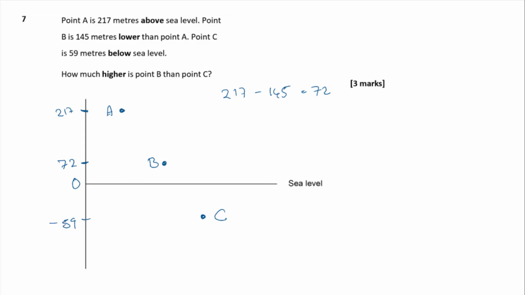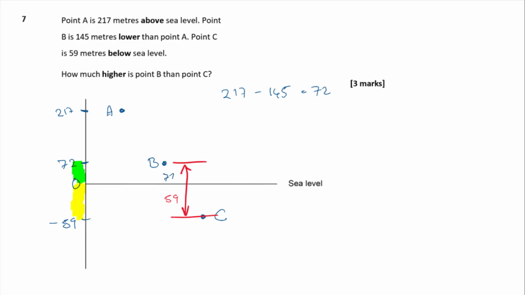Okay, so how much higher is point B than point C? The distance from here to here is going to be this negative bit, which is 59, plus this bit here, the distance from 0 to 72.